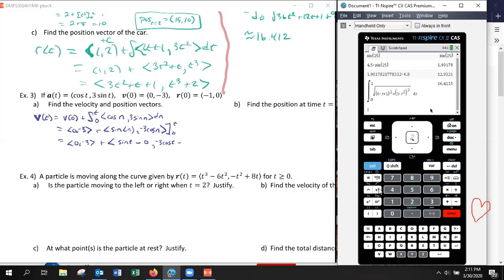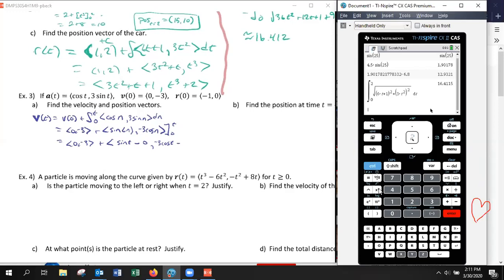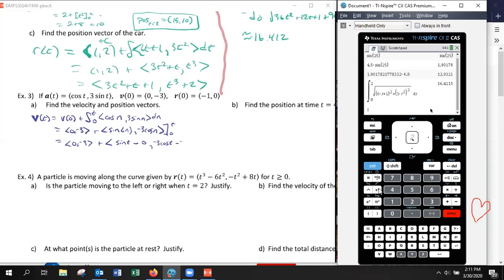And then this is where we have to be careful. It'll be minus, the cosine of 0 is 1, so minus -3. So put it all together, I will get the velocity vector sine of t, and then -3 cosine t plus 3, which is -3 cosine t. And that is my velocity vector.